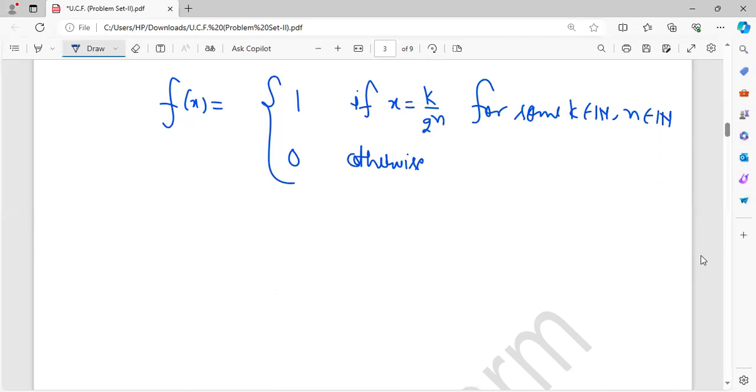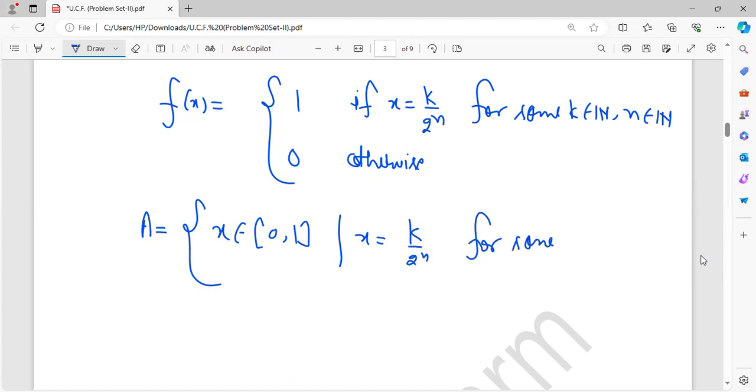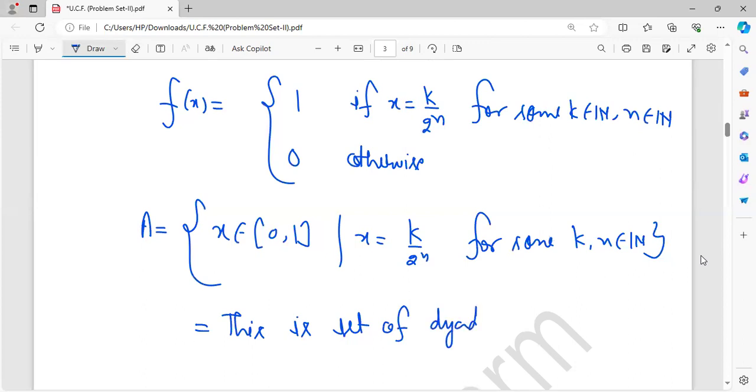Otherwise we cannot consider. Now what about this? If I consider this set, x belongs to the closed interval [0, 1] so that x is of this form for some k and n belongs to natural numbers, then this is the set of dyadic rational numbers in the closed interval [0, 1].